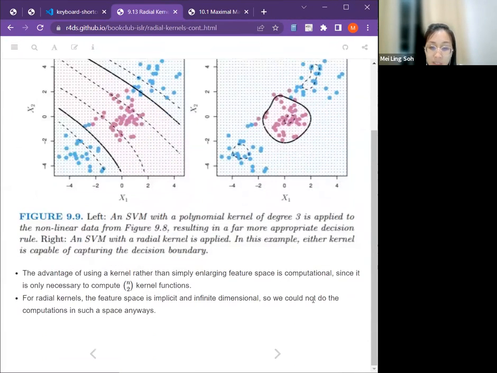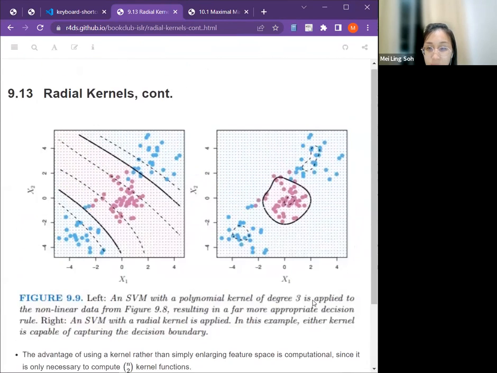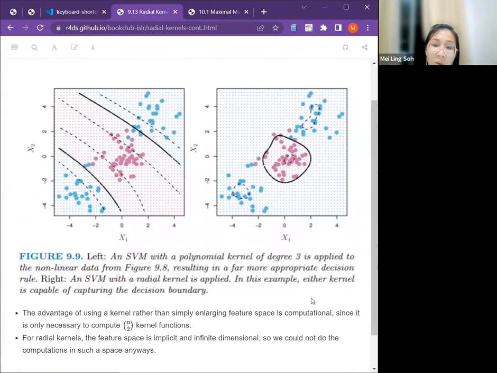If you look at this diagram, you have left and right. The left panel shows a polynomial kernel with degree 3: 1, 2, 3. And you have non-linear data. Think of it like dosage: low, then medium here. So you don't have a clear-cut hyperplane.